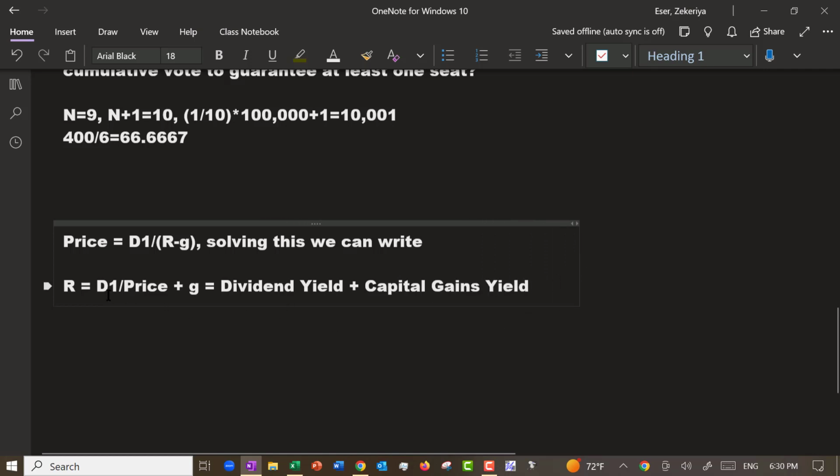And in this case, R equals total yield, or the rate of return.